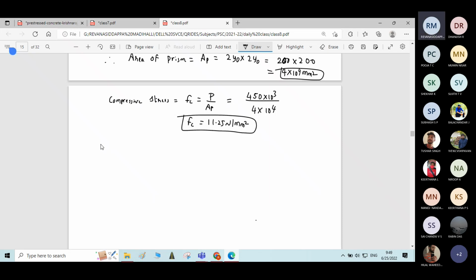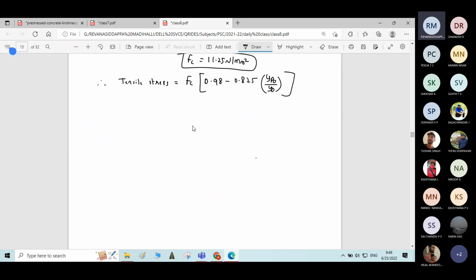Now we can find the tensile stress. Therefore, tensile stress is equal to FC into 0.98 minus 0.825 into yp naught divided by y naught. Now you have to substitute the corresponding FC, yp naught and y naught values here.